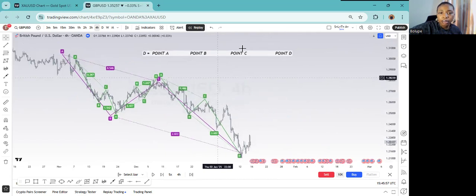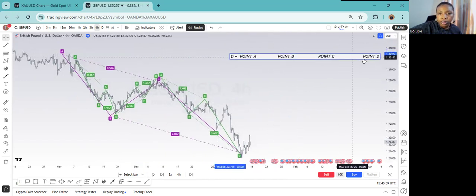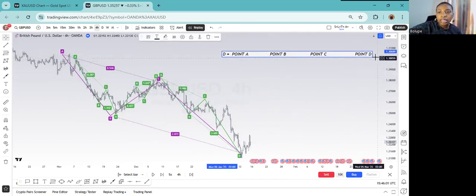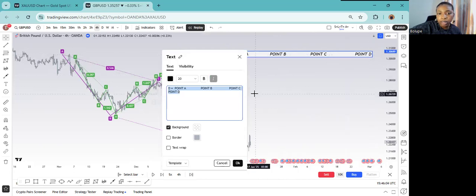Now inside the daily point A to point B, you have the H4.